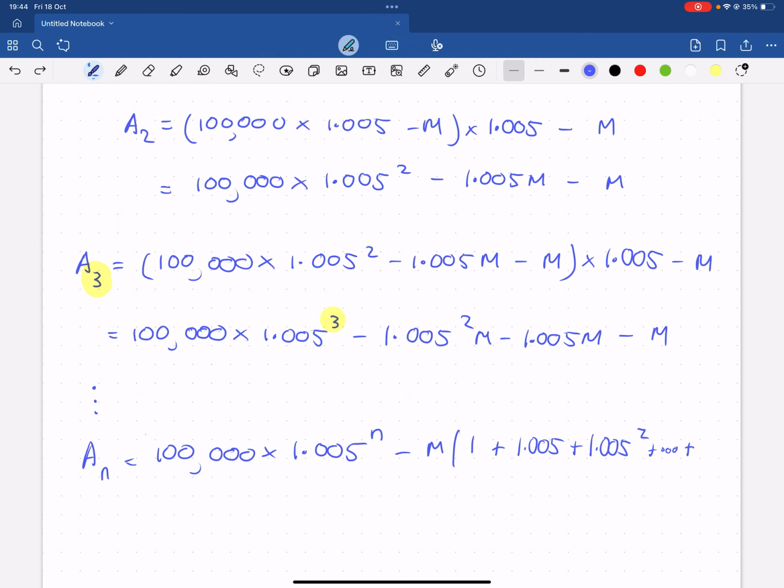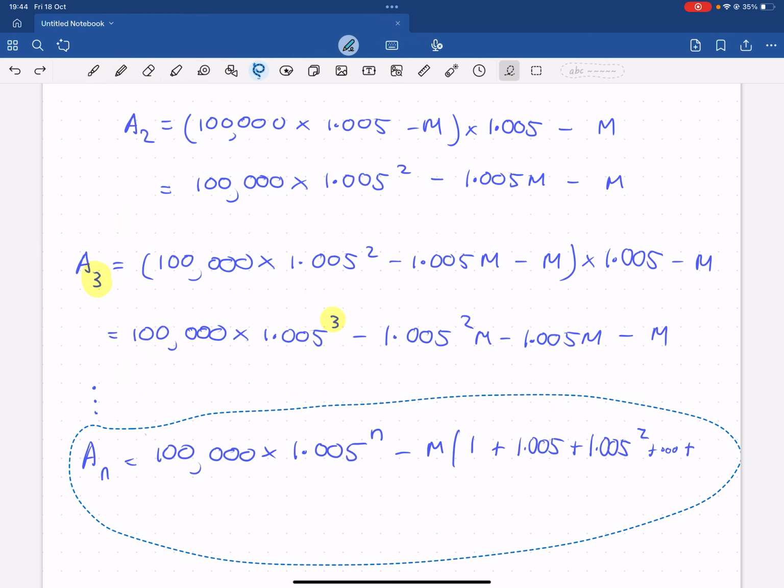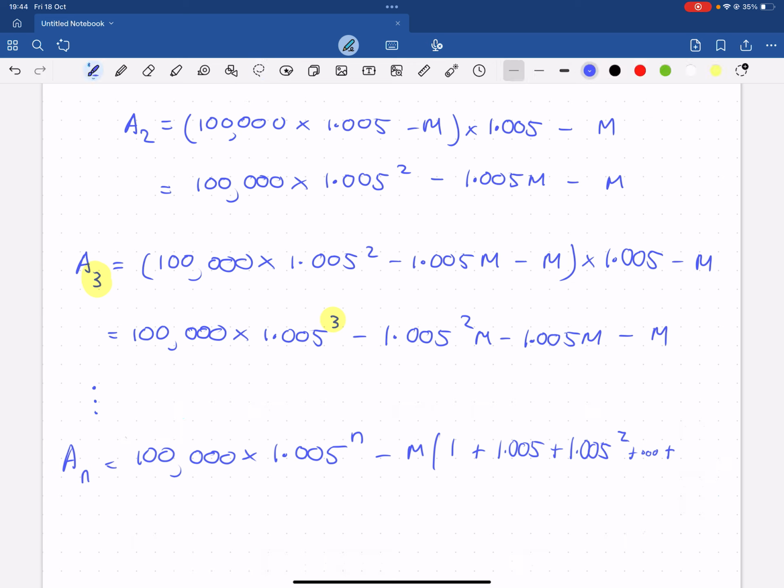Now, we're looking for the value of the investment after n months, right? And that means there's going to be n terms in this sequence, which actually means this power here is going to be to the power of n minus 1. And that's because the last term is 1.005 to the power of 0.